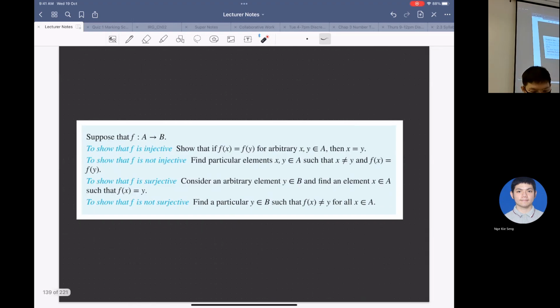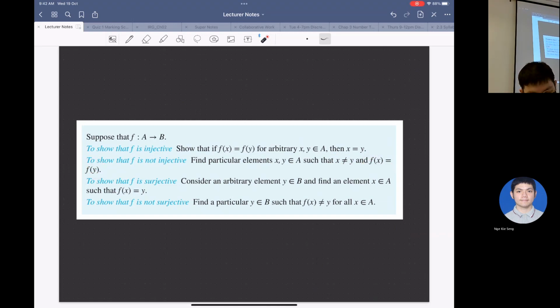For a function, if you want to show it is injective, you need to check for arbitrary x and y, and then show that if the images are equal, then the pre-images must be equal. If it is not injective, you just need to find two elements x and y such that their images are equal.